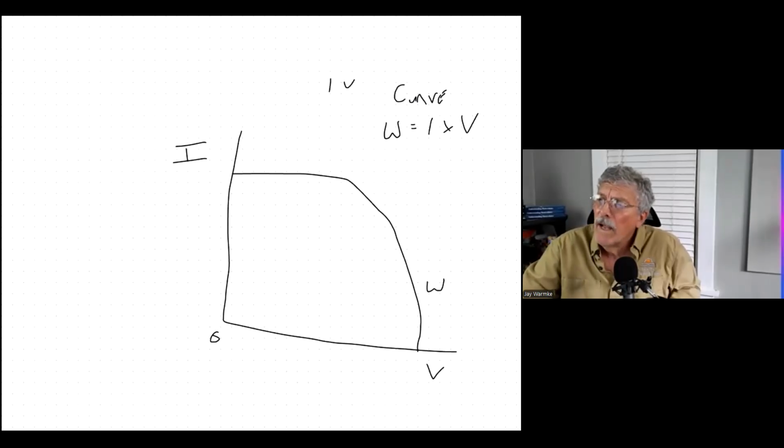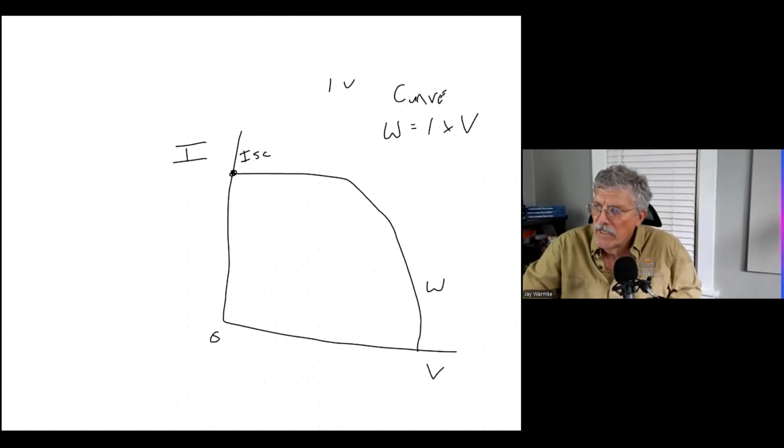So if you were to plot this on a curve of a typical solar panel, it would look something like that. And the theoretical maximum amps is referred to as the ISC, the amps short circuit. The reason I always say the theoretical maximum amps is at ISC, there's 0 watts, right?